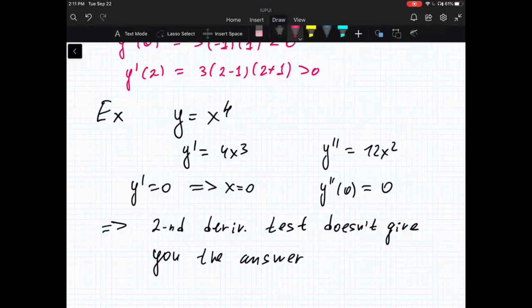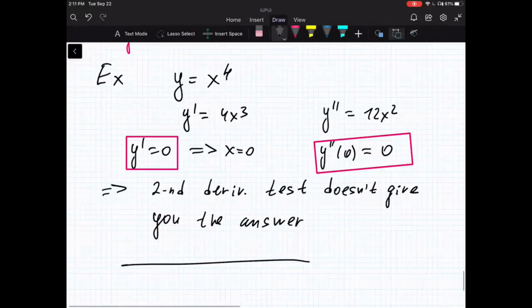Your first derivative is 0, and the second derivative is 0 as well. In this case, you need to do the old algorithm. So here's your x, here's your 0, and your y prime is 4x cubed.